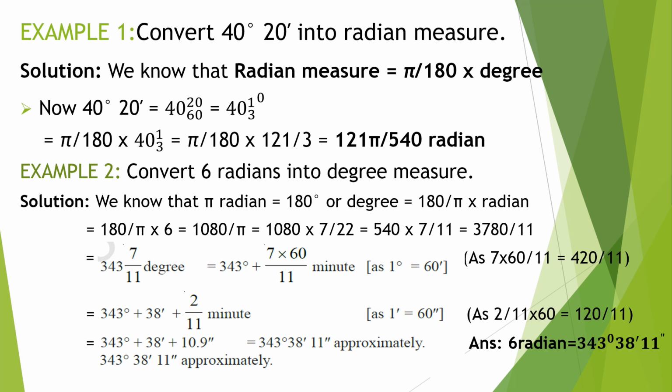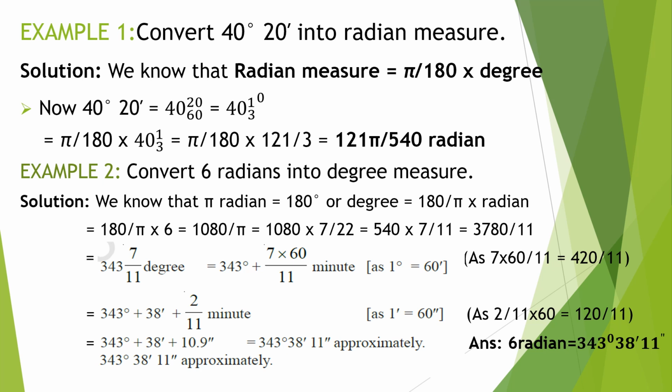Now since it is not in full figure, so 343 degree 7 upon 11 we convert into minutes. We know that 1 degree is 60 minutes. So 7 upon 11 degree is 7 upon 11 into 60. I have shown the calculations, that is equal to 420 by 11. When you divide 420 by 11, you get 38 2 by 11. So this is equal to 343 degree, 38 minutes, and now 2 by 11 minutes we convert into seconds.